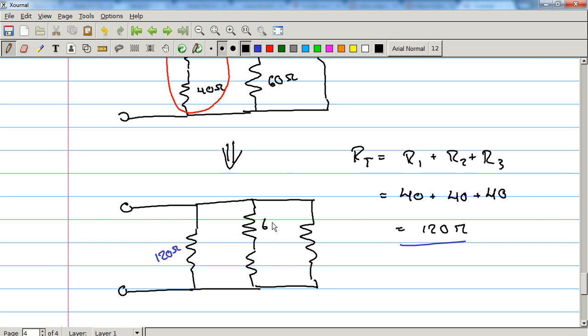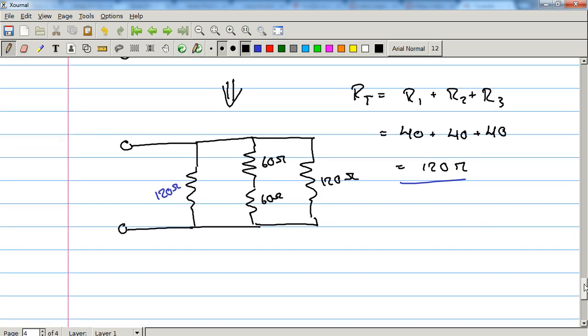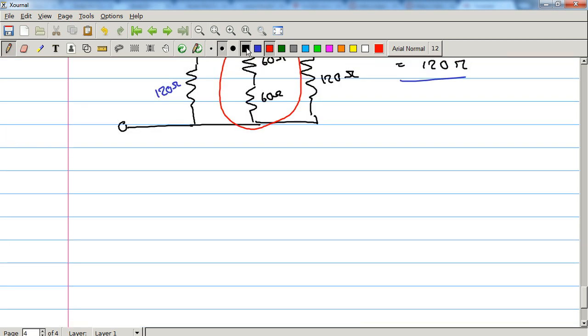These 2 are 60 ohms. And this is 120 ohms. Okay, so we'll reduce these 2 now. That will again just be reduced down to 1 resistor. So we end up with something that looks like this.